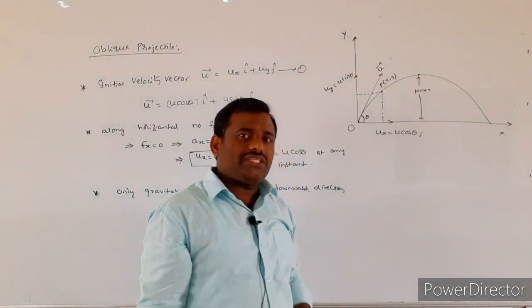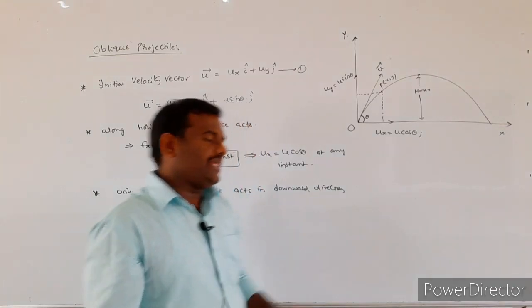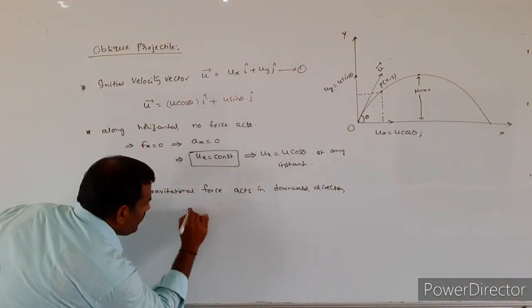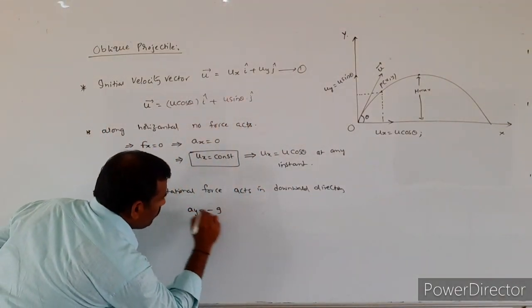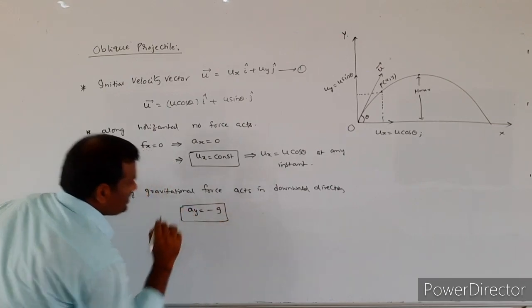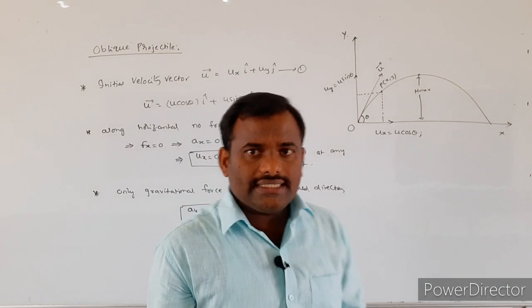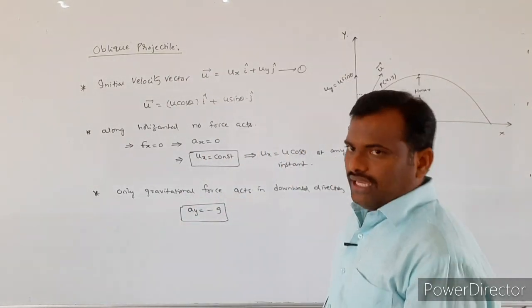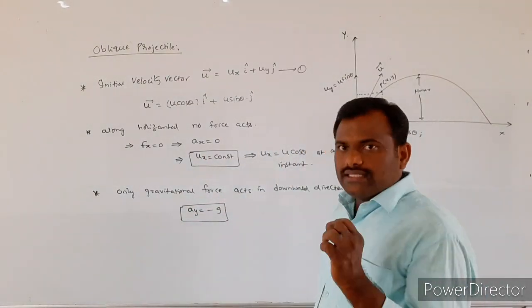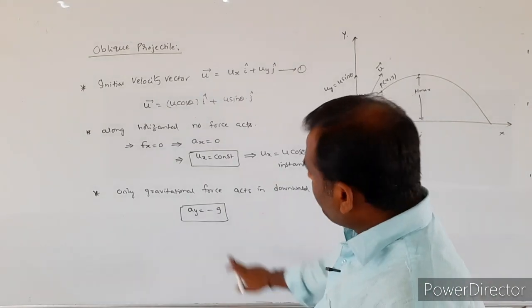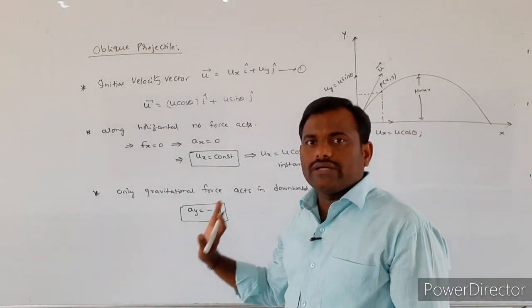Acceleration acts in the vertically downward direction. Therefore, Ay is equal to minus g. That is the acceleration present over the body, which is nothing but acceleration due to gravity.